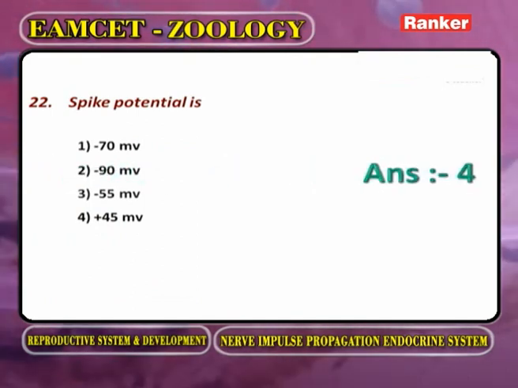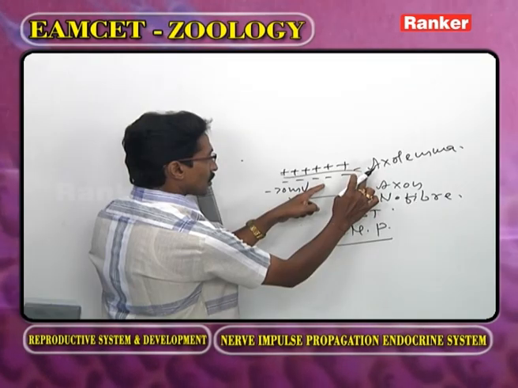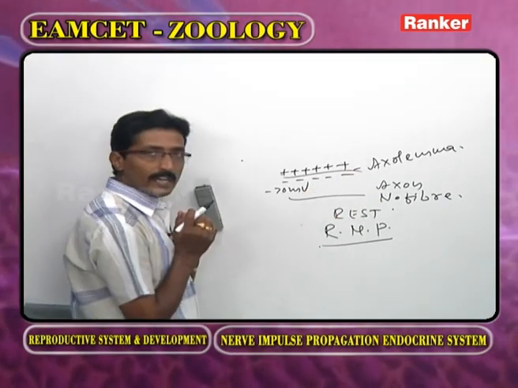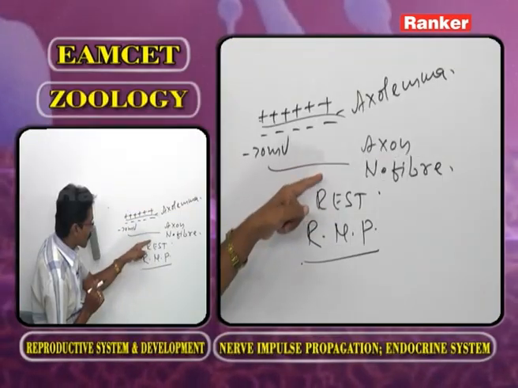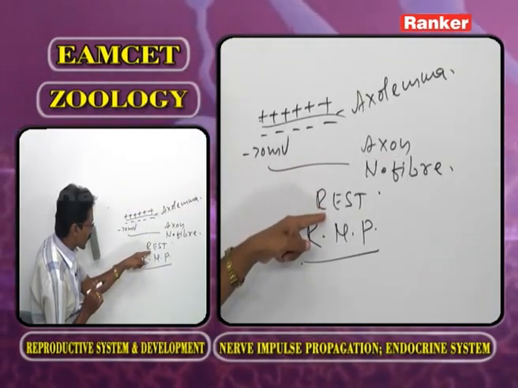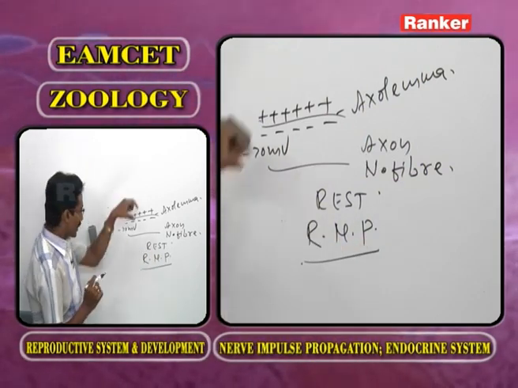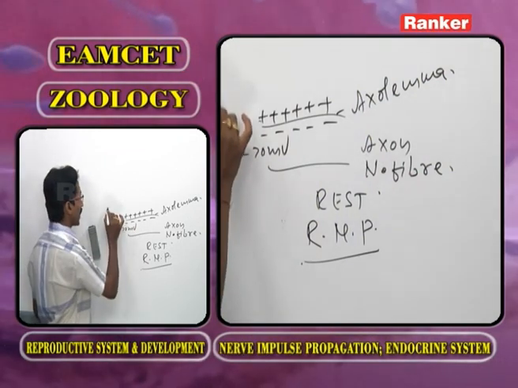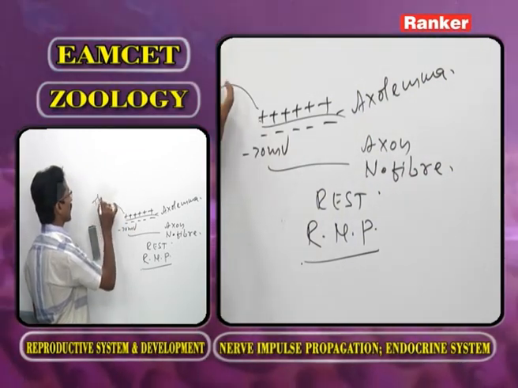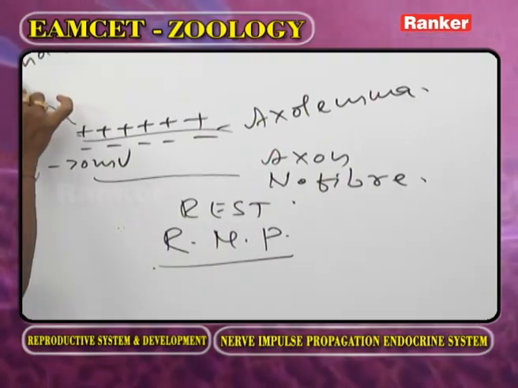What is meant by spike potential? Now, the axolemma is said to be at rest. Whenever the axolemma is at rest, what is the potential? Resting membrane potential. What is the resting membrane potential? Minus 70 millivolts. Now we are giving what type of stimulus? The threshold stimulus.